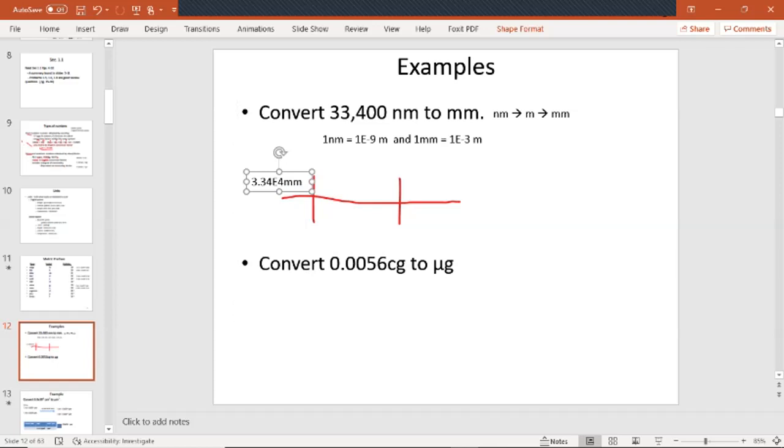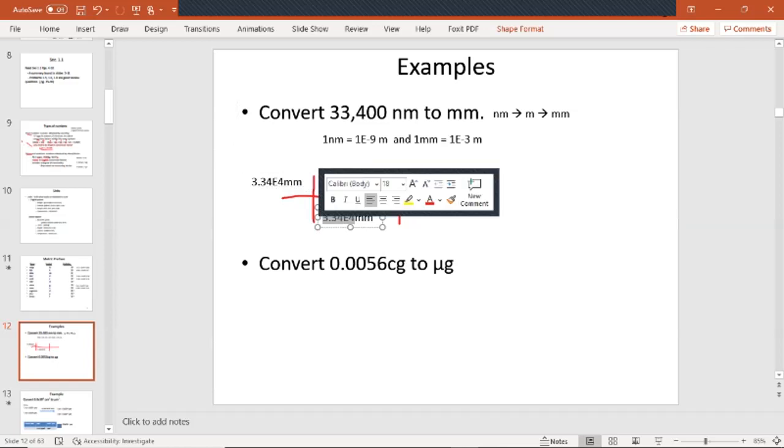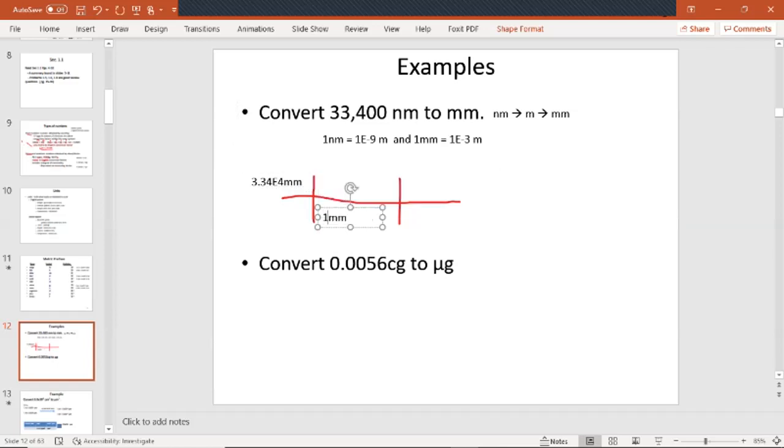So we have 3.34 times e to the negative 4. Now on the bottom in our conversion factor goes millimeter. So 1 millimeter. Because we're starting with millimeters, millimeters goes on the bottom, and then meter goes on top.